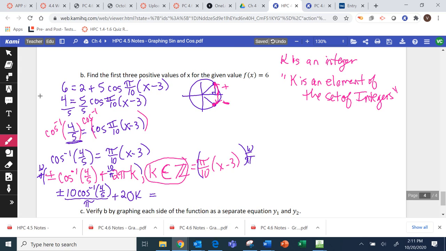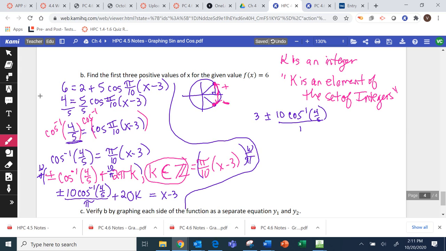On the other side, I have x minus 3. Almost done. We're going to add 3 to both sides, and we will get 3 plus or minus 10 cosine inverse 4/5 over pi plus 20k. Okay, we now have x by itself.